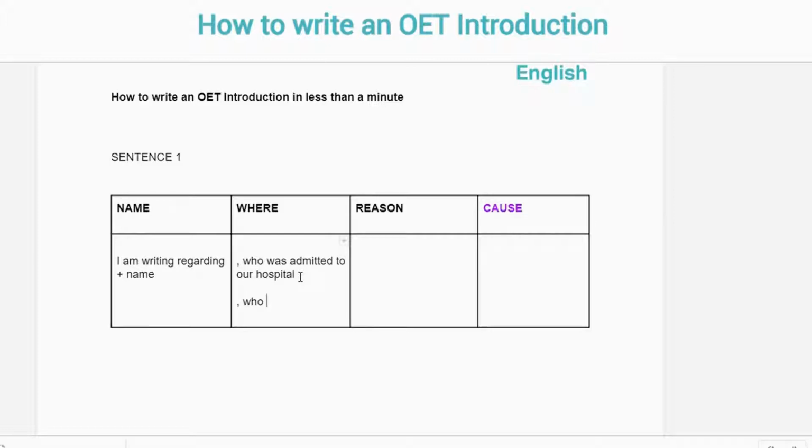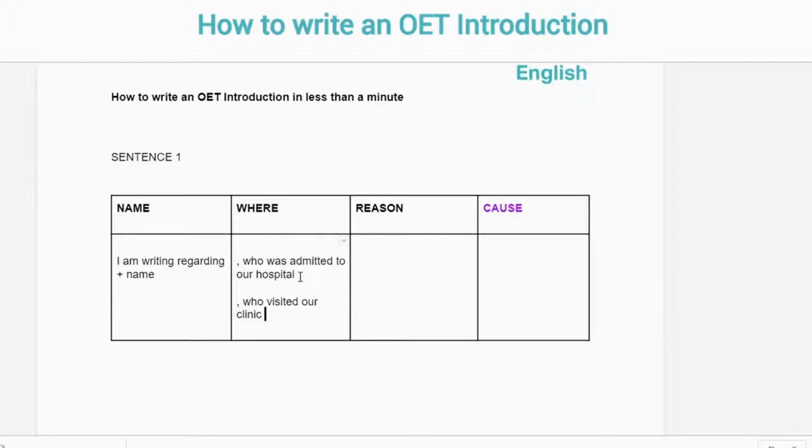Was visited our clinic. Okay. We can't say was visited because it's something that they did themselves, right? This is the passive voice, so we need to say who visited, right? Our clinic. Now, if it's recent, you can say recently, like this, right? Who recently visited our clinic. Only if it's recent.